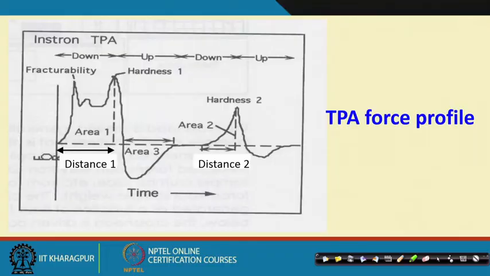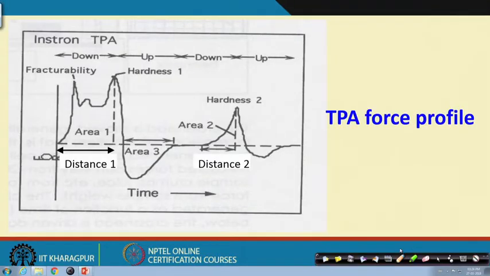So, this was the area under the curve, area 1, during the first bite, and this was the area under curve 2, during the second bite.